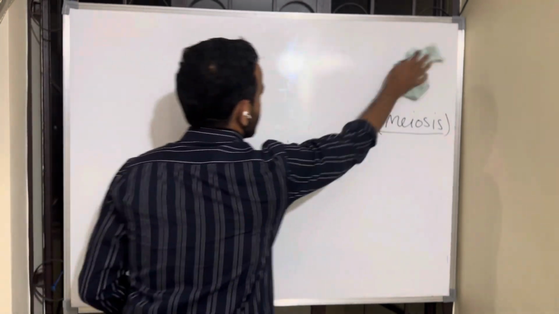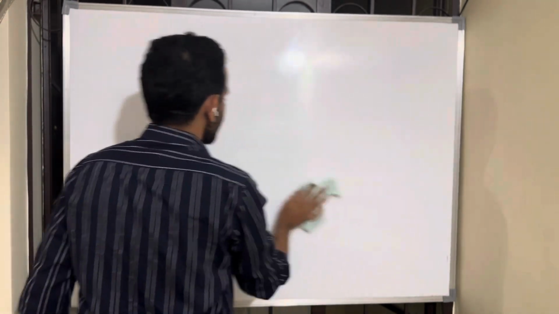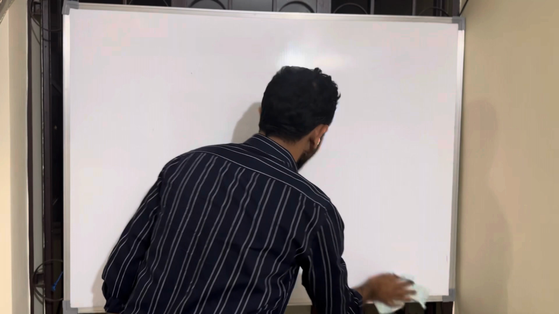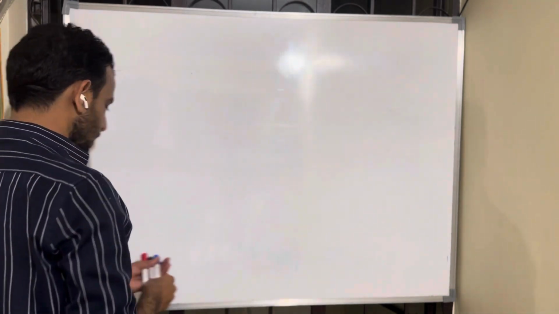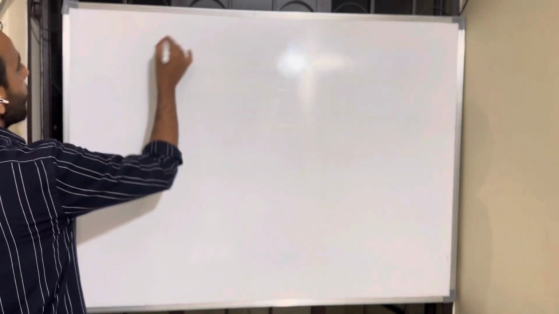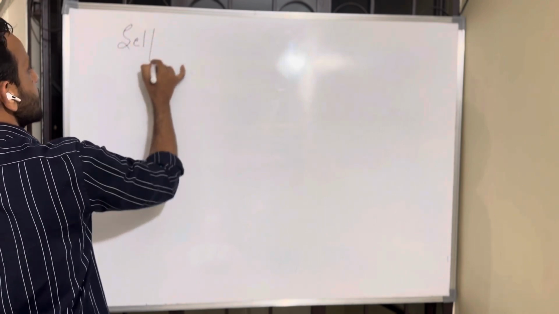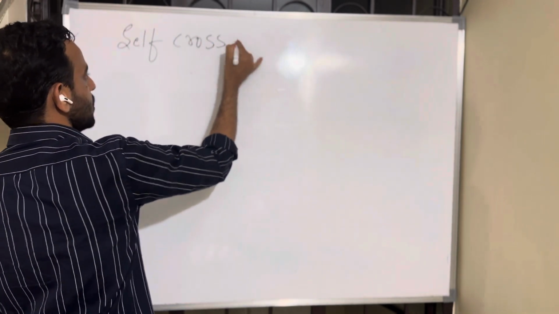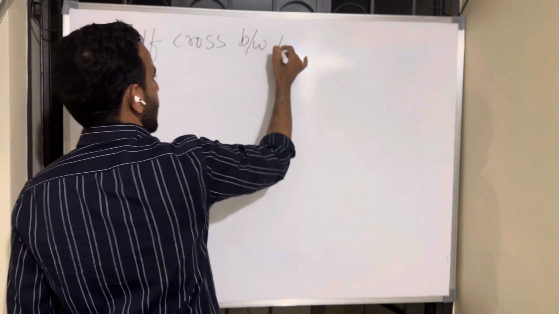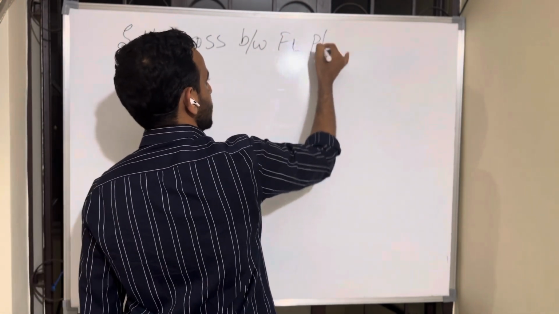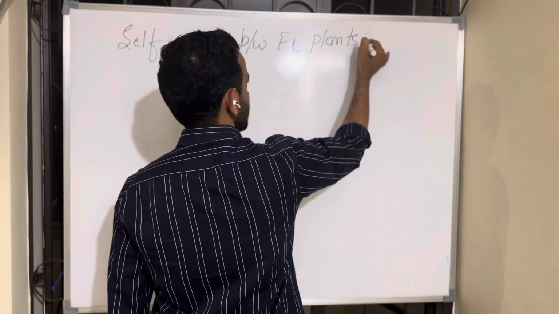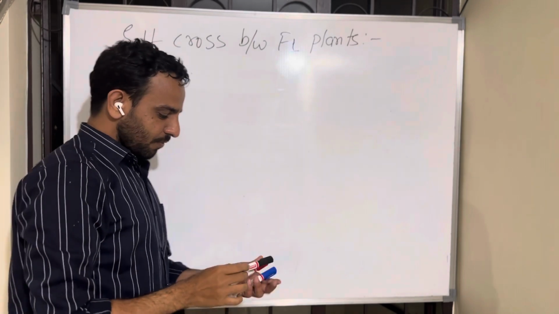So if we look carefully here in the F1 generation plants, what he did was a self-cross between F1 plants.